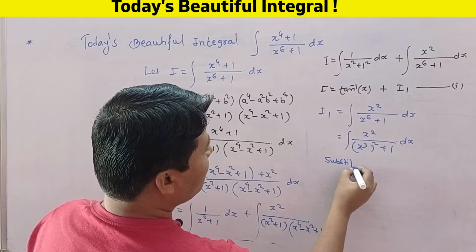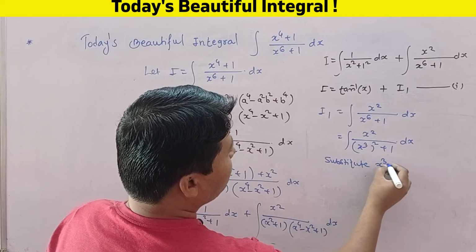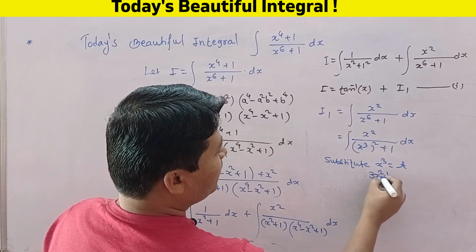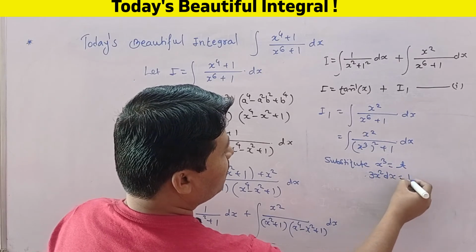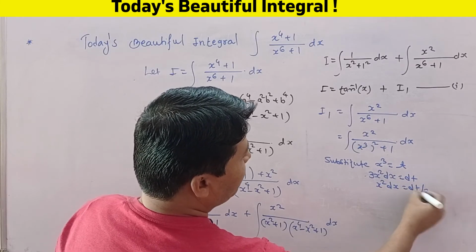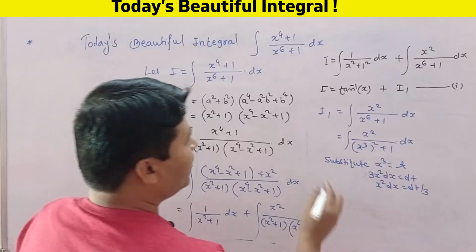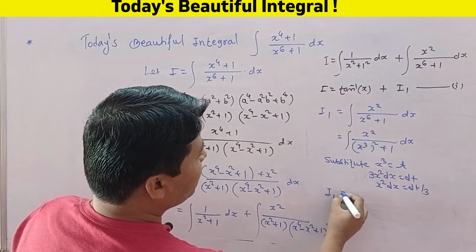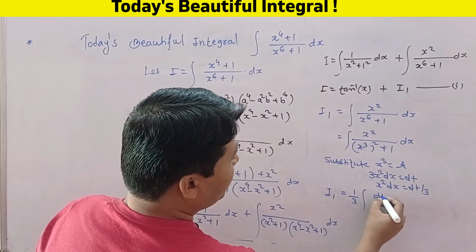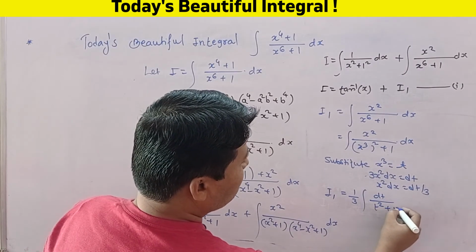Substitute x^3 equals t, and differentiating, we get 3x^2 dx equals dt. Therefore x^2 dx equals dt by 3. So I1 equals 1 by 3, the constant term, times the integral of dt upon (t^2 + 1).